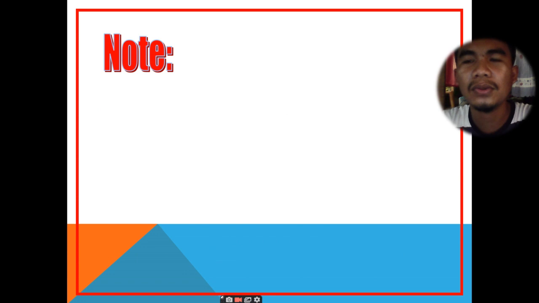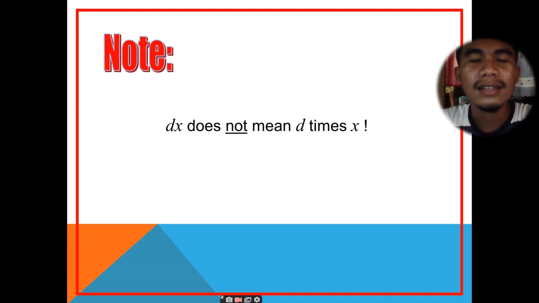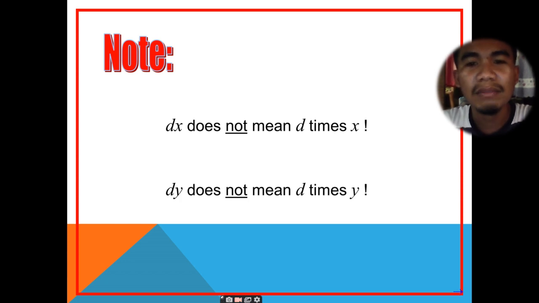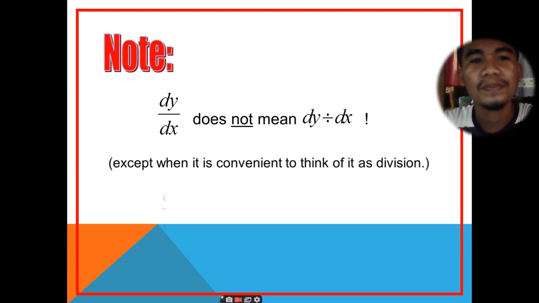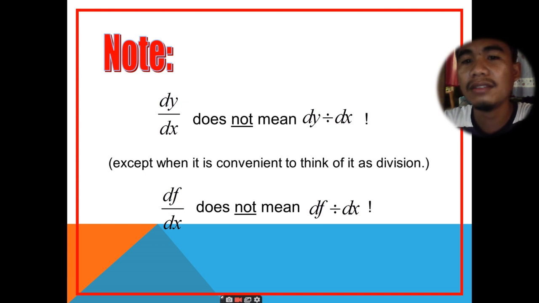So note, for those who didn't know, this d does not mean d times x. That's wrong. Also this one does not mean d times y. And also this does not mean dy divided by dx, if you noticed on the last slide, except when it is convenient to think of it as division.